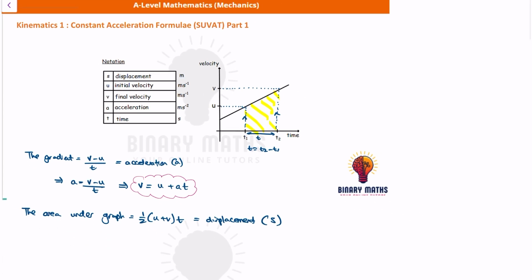So s is equal to half of u plus v times t, and the way it's often written is s is equal to u plus v over 2 times t. I prefer this version: half u plus v times t, and that is the second equation of motion.